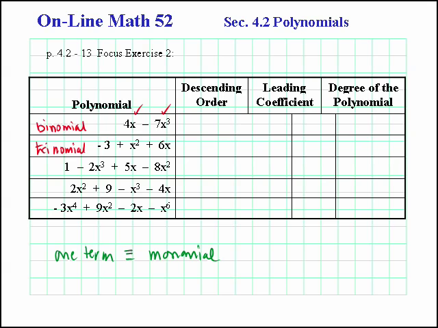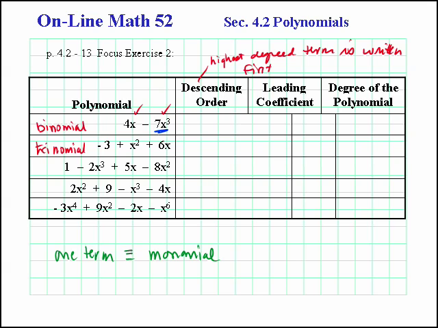Descending order means highest degreed term is written first. Now remember, the degree has only to do with the exponent, with the number of variable factors. So when I see this has the highest degree, that's going to be written first.